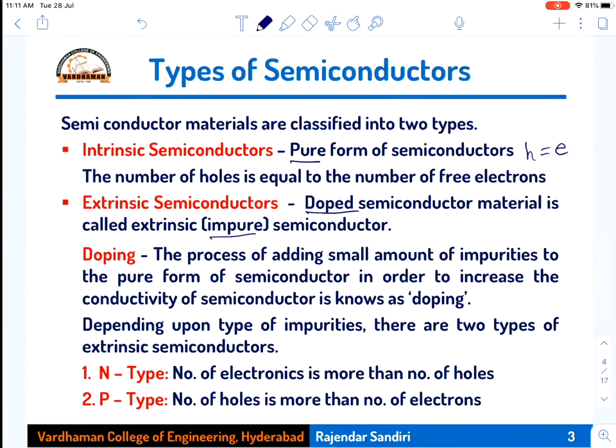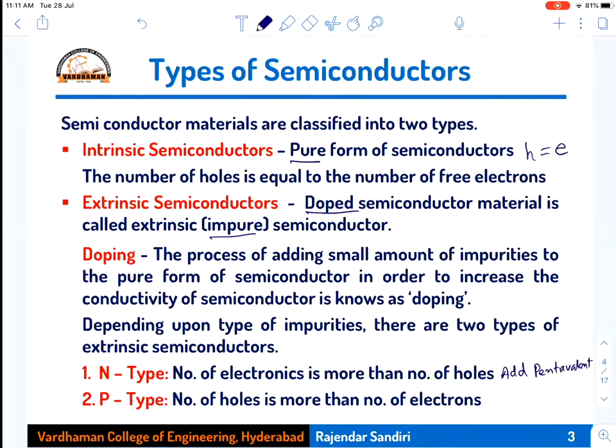Adding what type of impurities? We may add acceptor impurities or donor impurities, so that it forms either N type or P type. Suppose you want N type, what type of impurities do we have to add?